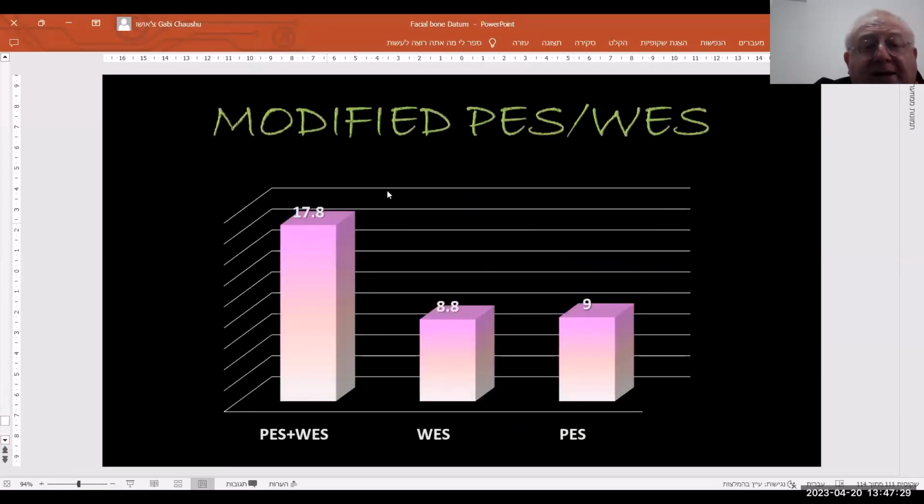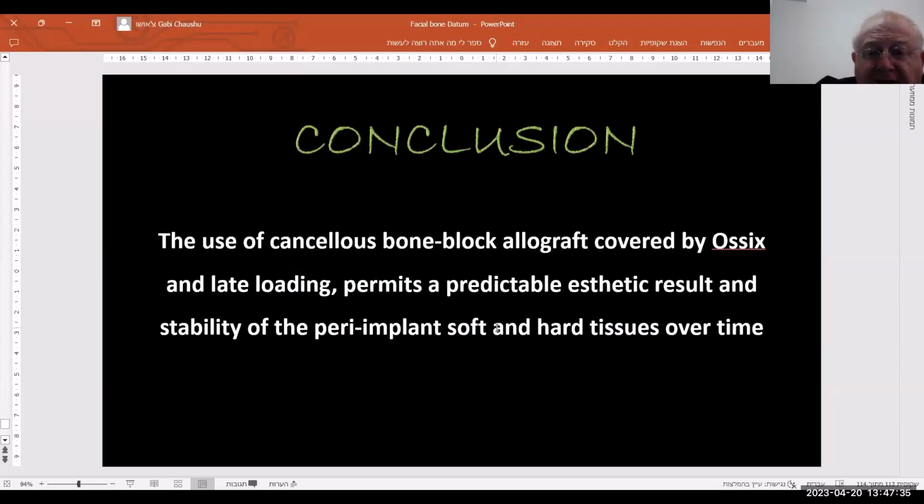And if you combine them, again, a very high score, 17.8. So our conclusion was that the use of cancellous bone block allograft covered by O6 and late loading permits a predictable aesthetic result and stability of the peri-implant soft and hard tissue over time.